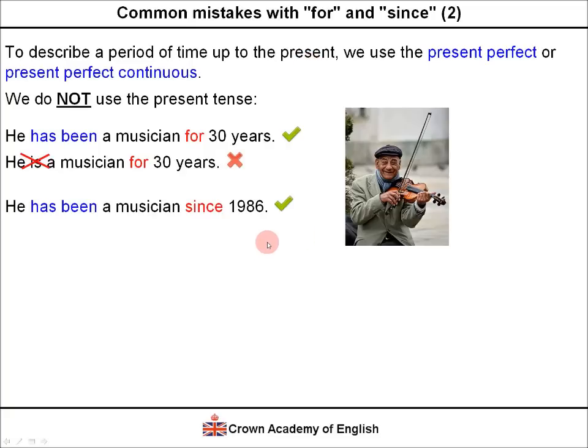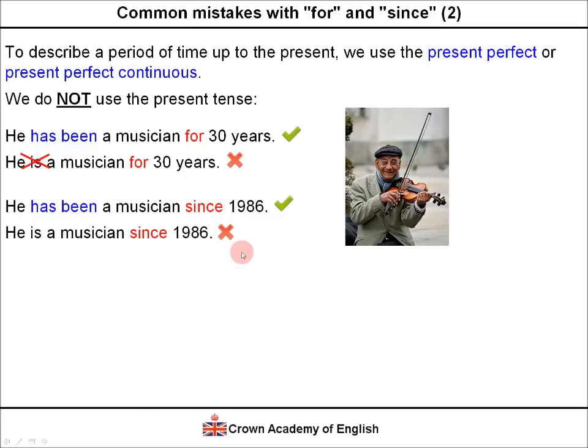We can also say the same thing using since. He has been a musician since 1986. This is correct. We are using the present perfect tense, and we are using since followed by a point in time. But this is wrong. He is a musician since 1986.